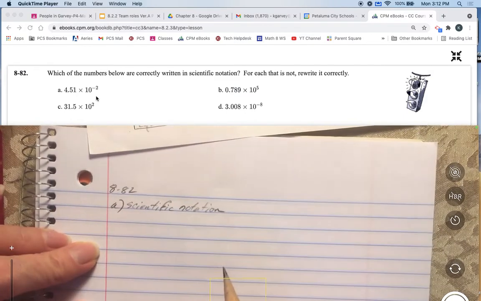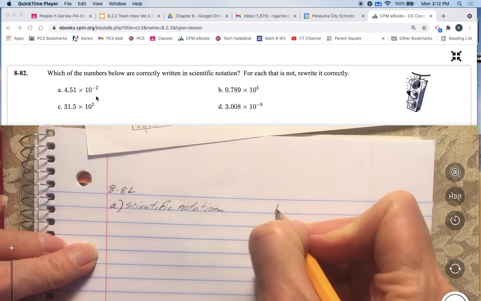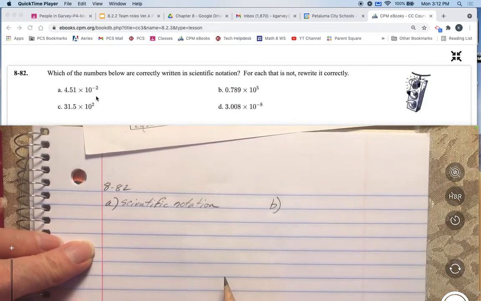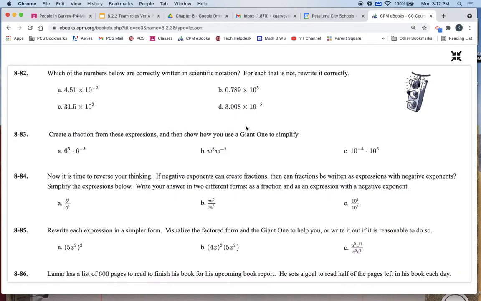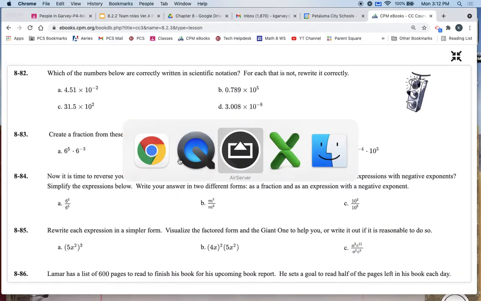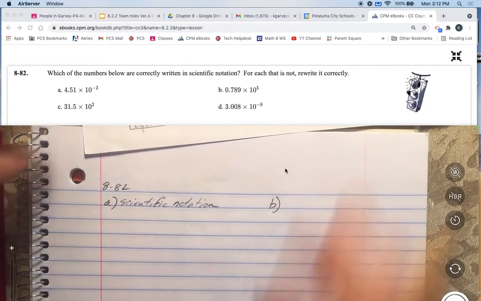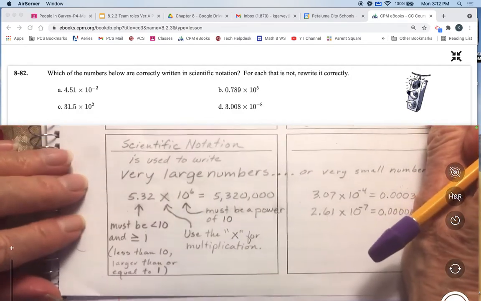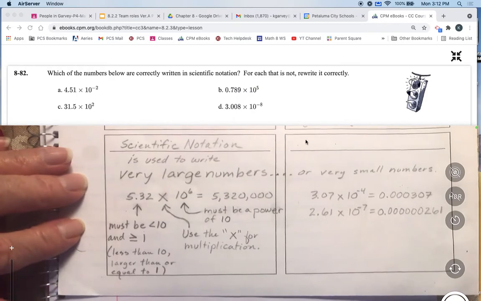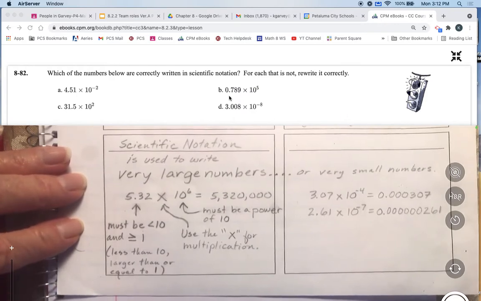Okay, so now we need to take a look at B and see if B is written correctly in scientific notation. So let's take a look at our rules again. Okay, so is the first factor less than 10, but larger than or equal to 1?